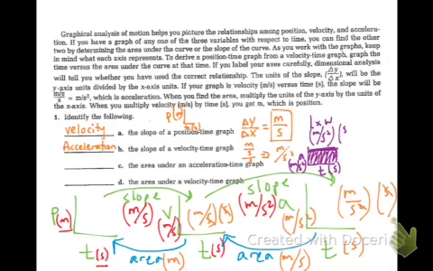Cross off our seconds, and we're left with meters per second, which means we're finding our average velocity. And area under the curve of a velocity versus time graph is going to give us our position, or something known as displacement.